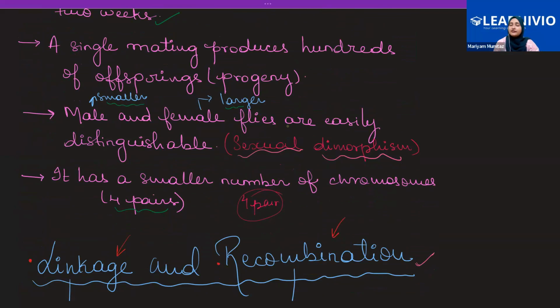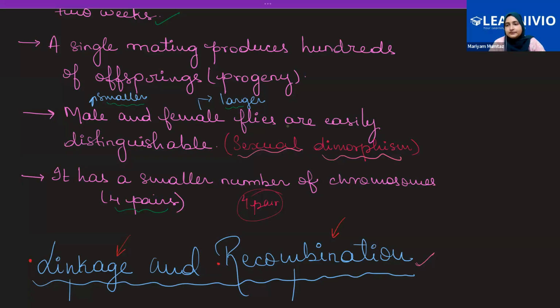This property is called sexual dimorphism, wherein you can differentiate between the male and the female of an organism. Here the males are generally smaller and the females are larger in size. And the last reason to choose Drosophila is that they have only 4 pairs of chromosomes. They just have 8 chromosomes to work with, and that's all.